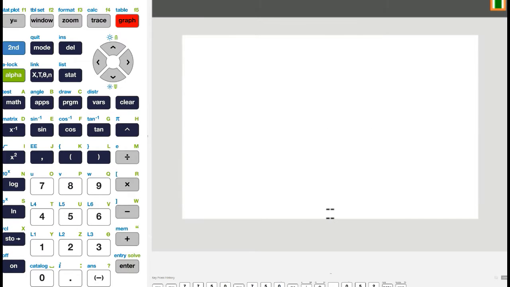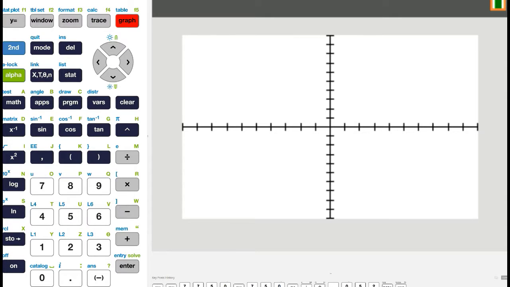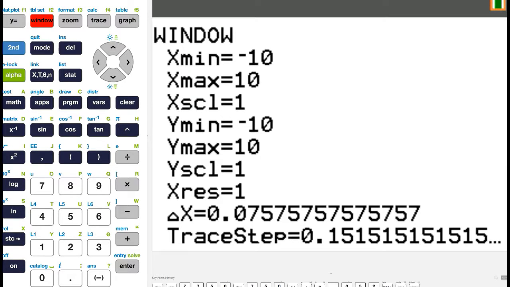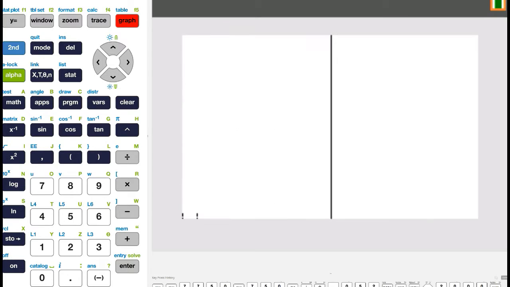And I want to know where these two intersect. If we graph it, we might not see much, because my y values go up to 1500. So let's change our y max so we can actually see this. I want 1500, so let's go to 2000. And now let's hit graph.